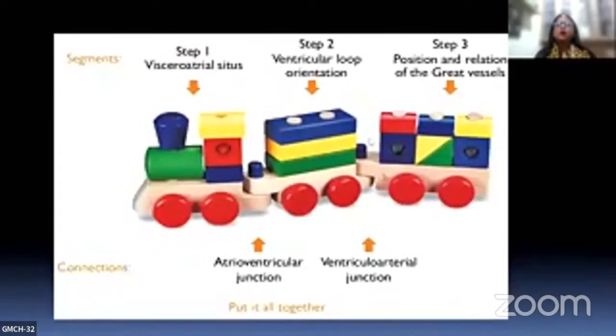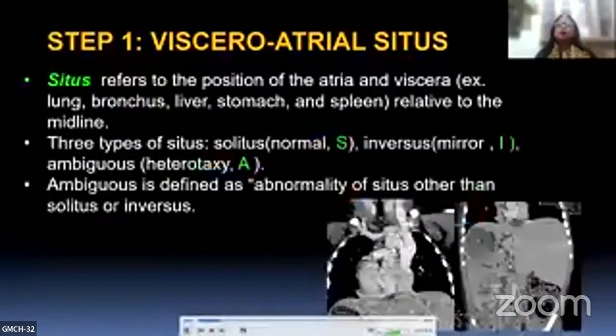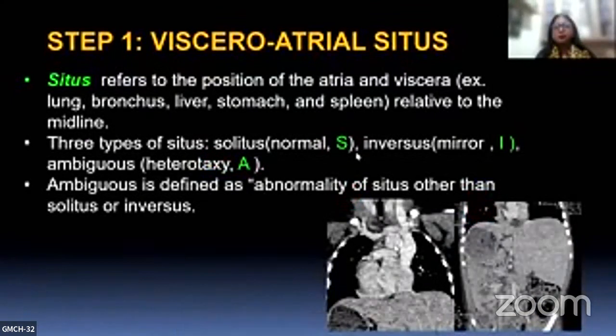So this is how we do the anatomy and the sequential approach now, in which step 1 is to find the viscoatrial situs, step 2 is the ventricular loop orientation, step 3 is position and relationship of the great vessels, and then we see the connections, the atrioventricular connections and the ventriculo-arterial connections. And we'll put it all together to describe the congenital heart disease.